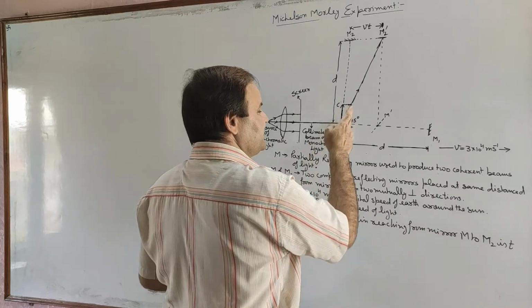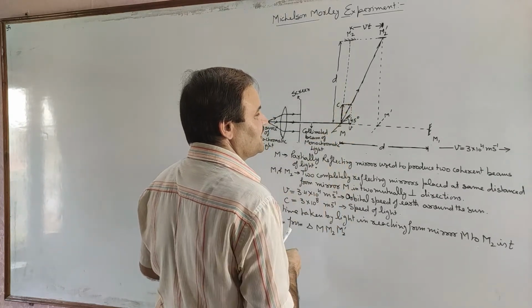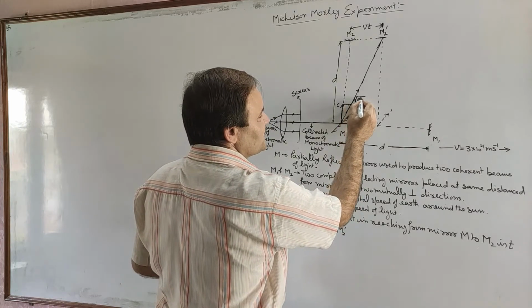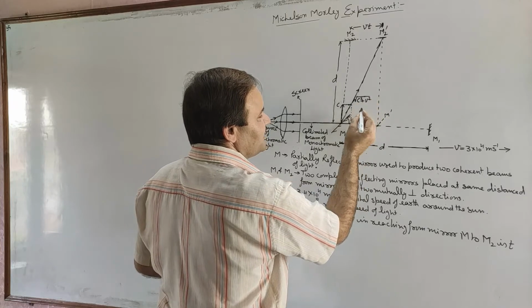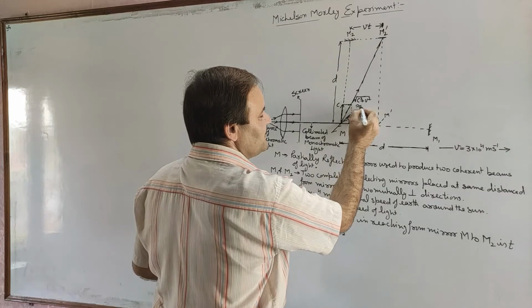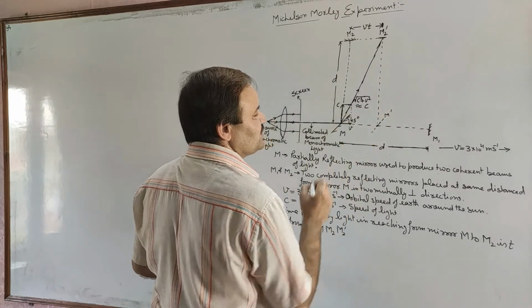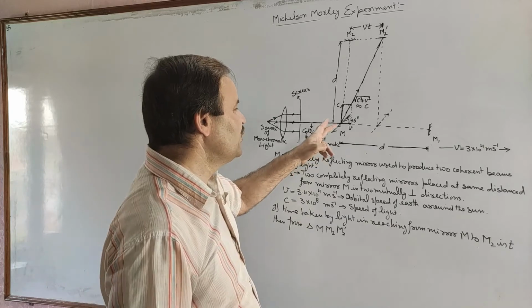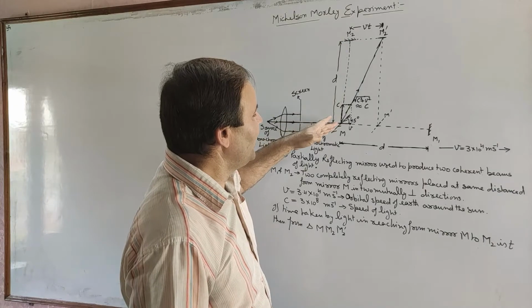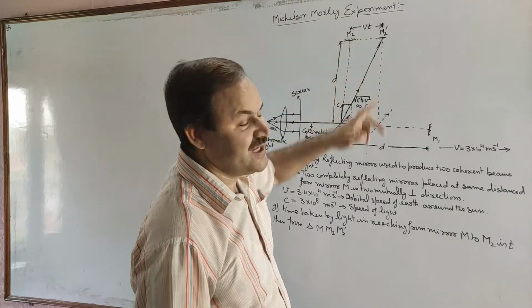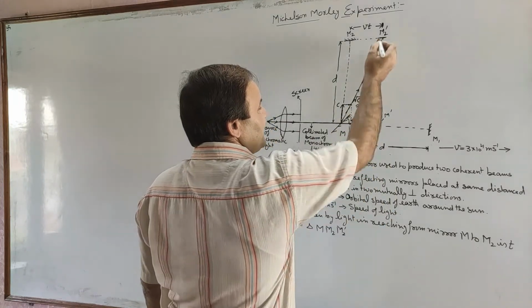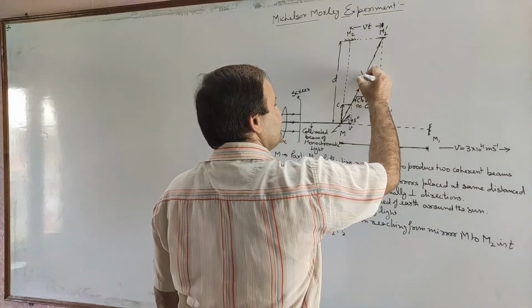Also the speed of light after reflection from mirror M will be under root of c square plus v square. As v square will be negligible as compared to c square, this speed will be approximately equal to c. So light will move with speed c from mirror M to M2 in the direction M to M2 dash, and hence this distance M M2 dash will be c into t.